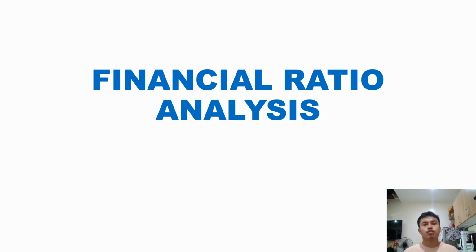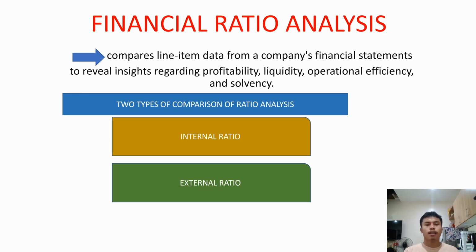In continuation of the discussion in Chapter 11 with the topic entitled Understanding the Basics of Accounting and Finance, financial ratio analysis is one of the major aspects of financial management. What is financial ratio analysis?